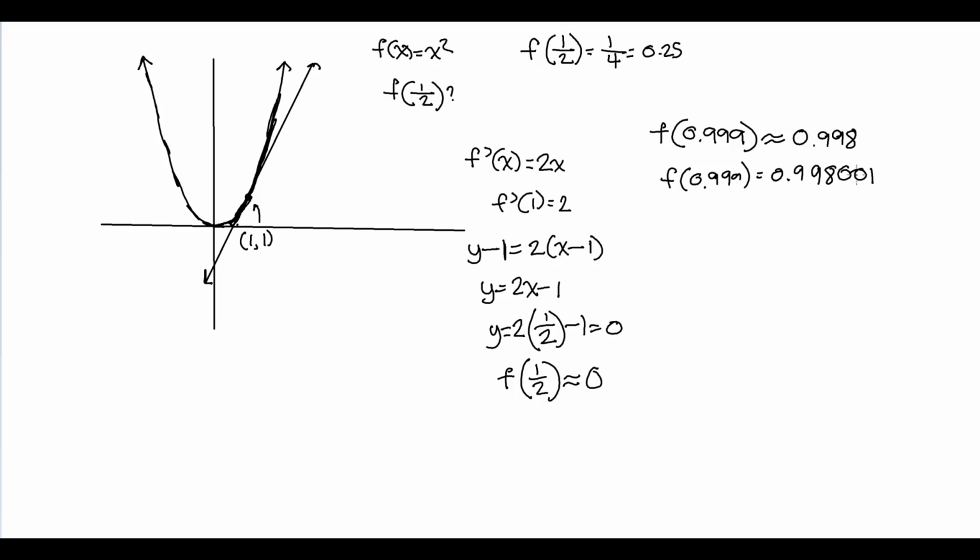So now you can see, as you get closer and closer to 1, the approximation becomes really accurate. We were 1/1,000,000th off, not even 1/1,000th of a decimal off. It's very accurate.